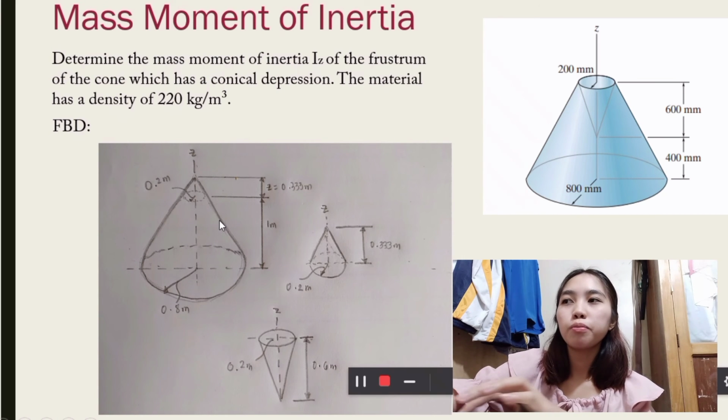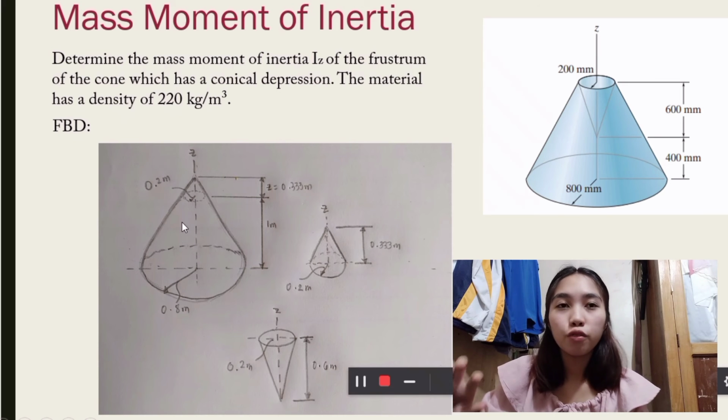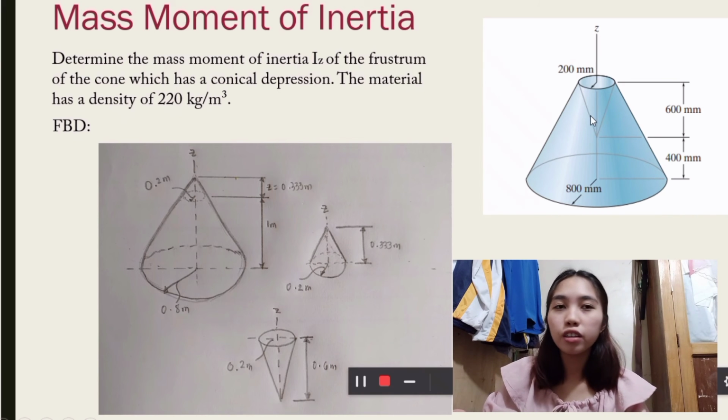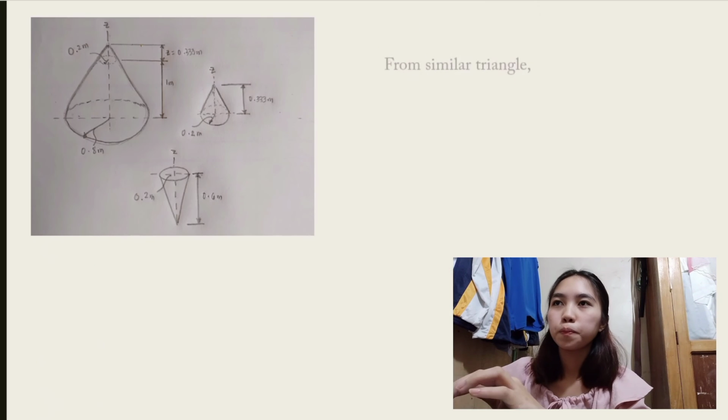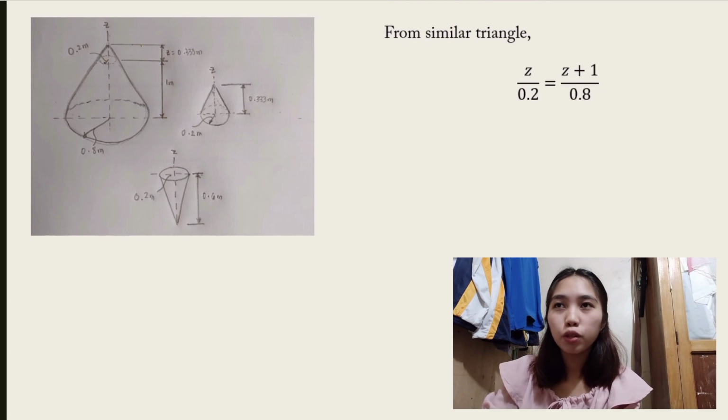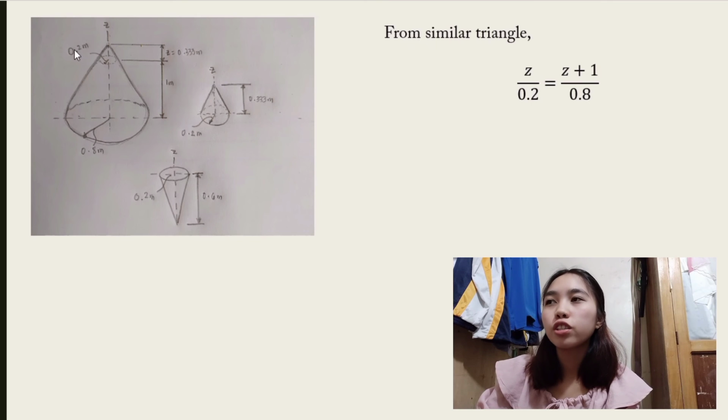The first free body diagram is the figure of the whole cone. The second free body diagram is this little part here. And the third free body diagram is the cone which is inside of the frustum. So from similar triangle, z over 0.2 is equal to z plus 1 over 0.8.